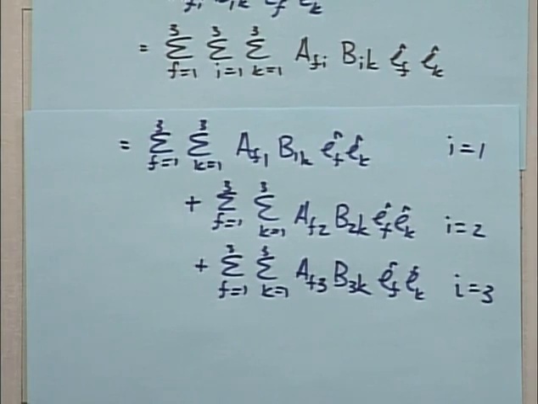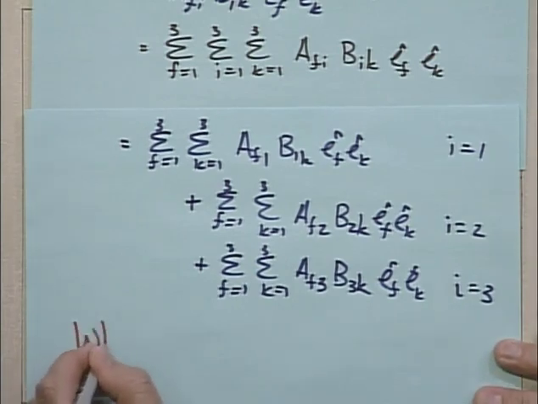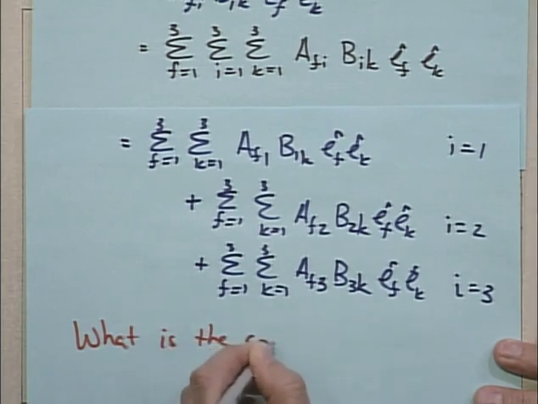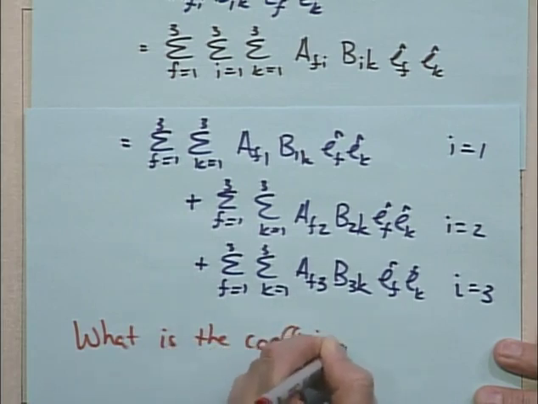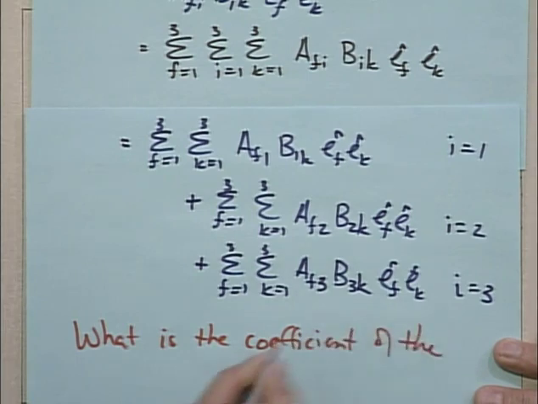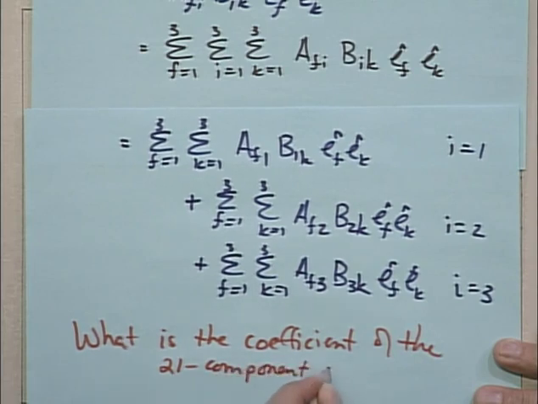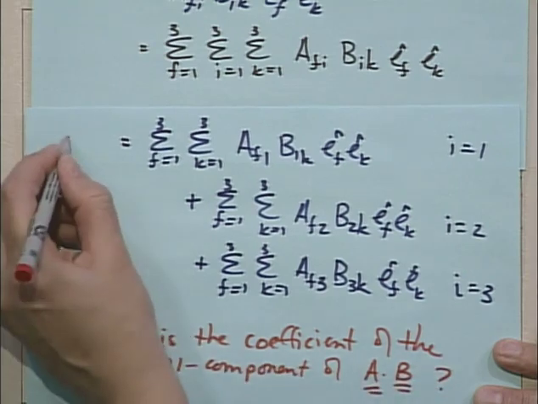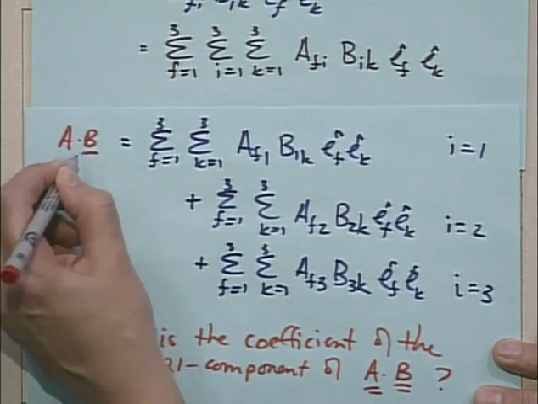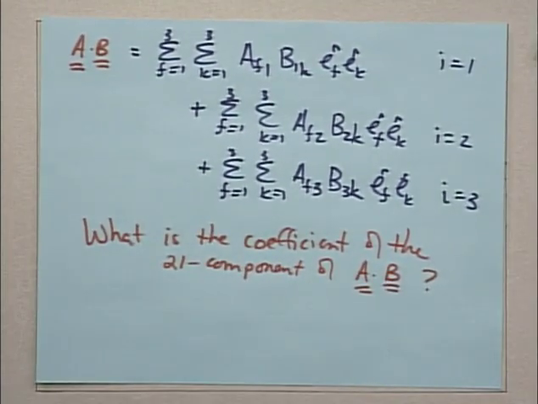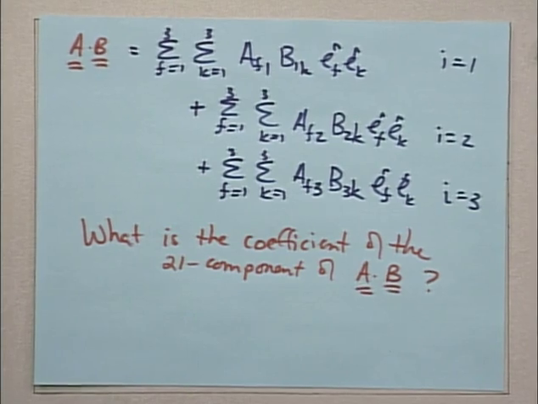So now if I look and ask, what is the coefficient of the 2-1 component of A dot B? What's the answer?